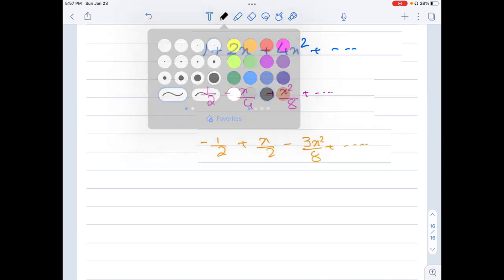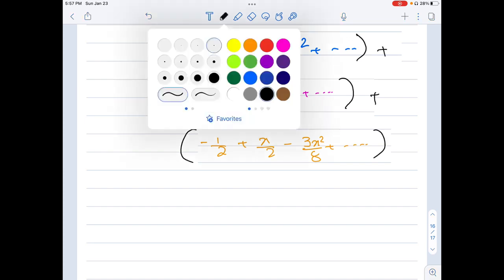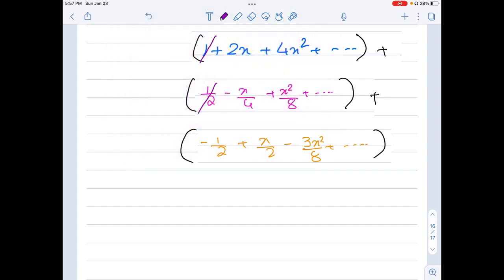So I'm adding the first plus the second plus the third. So you can see that 1 upon 2, 1 upon 2 gets cancelled, so I'm left over with 1.